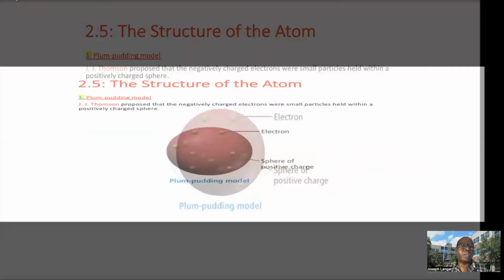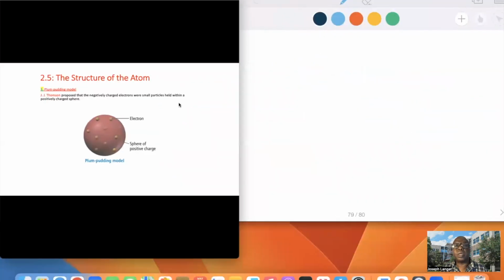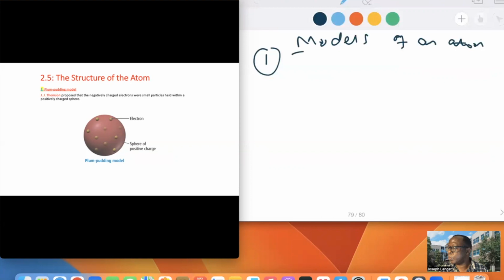The reason why I do have here one Plum-Pudding model is because of different models of an atom. Let's say models of an atom.